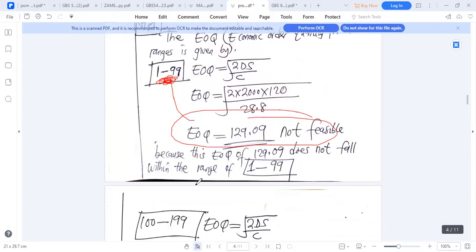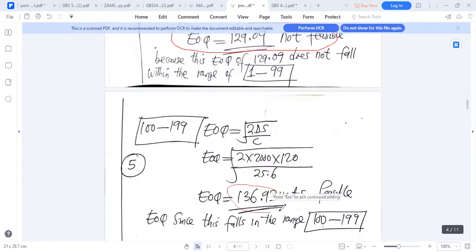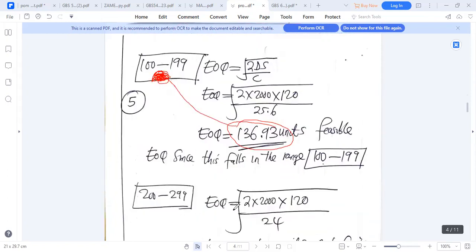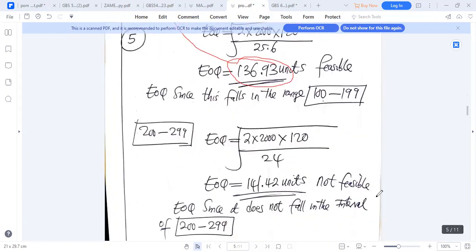Getting down to 100 to 199, the 136 is feasible because it falls in this interval here. Then the other one, 141, is not feasible, since it does not fall in this interval.